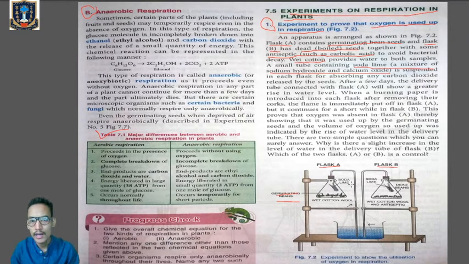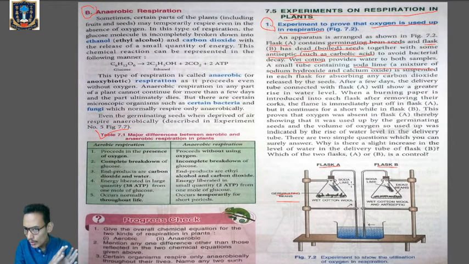Carbolic acid is used to avoid the growth of bacteria on the dead seeds. One more time: carbolic acid is used to avoid bacterial decay, or to avoid the growth of bacteria on the dead seeds. Clear?